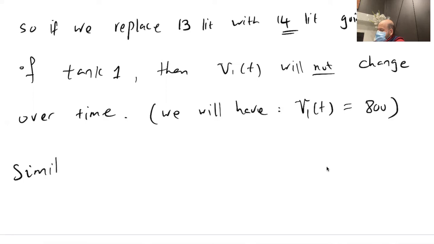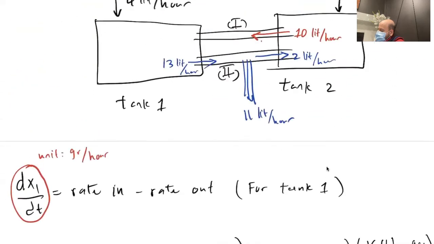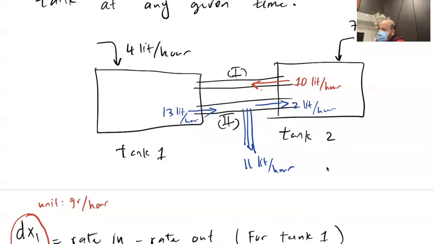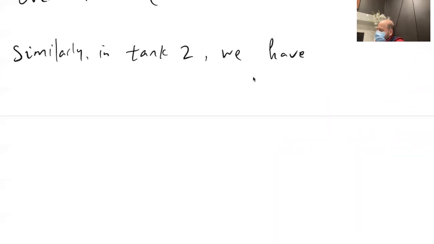Similarly, in tank 2, we have 10 liters going out. So if instead of this 2 liters, we had 3 liters, then 3 liters coming in, 7 liters coming in, that's 10 liters, 10 liters going out, they cancel out, and V2 of t remains constant as well.